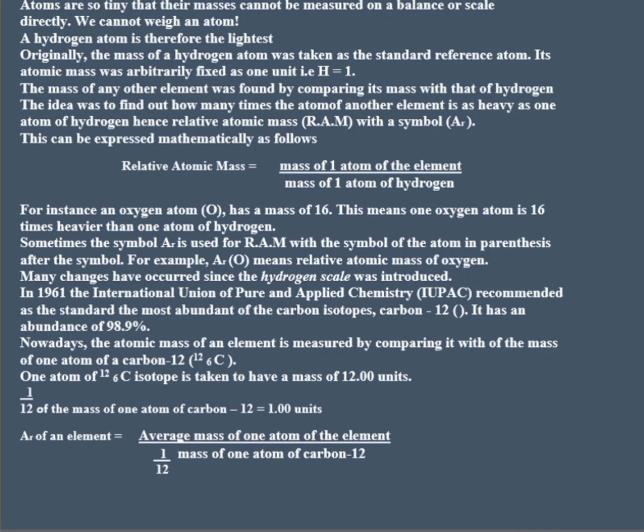Now let's define the relative atomic mass.